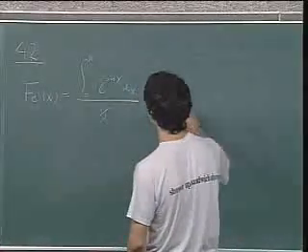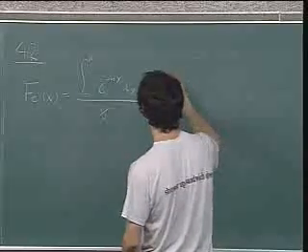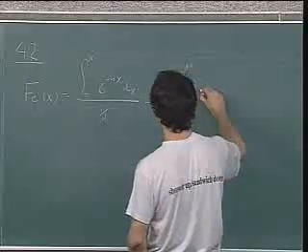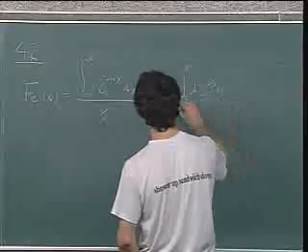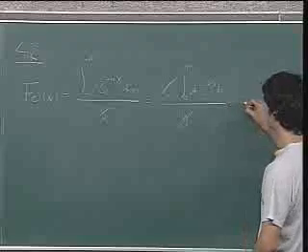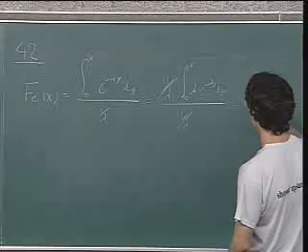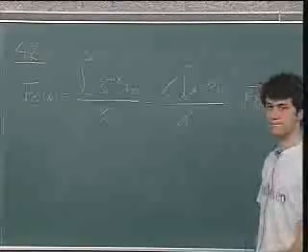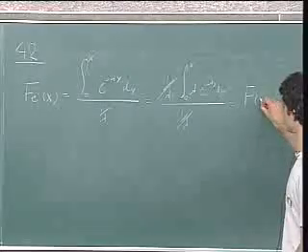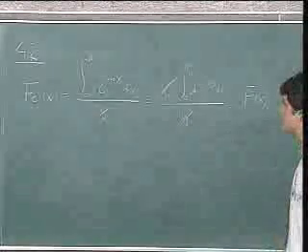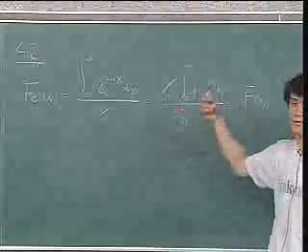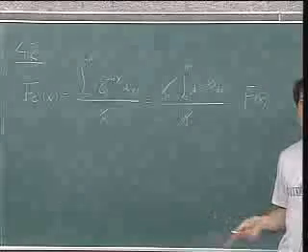If we do this integral, we multiply and divide by lambda, and what is this? This is just F of x, because here we're just integrating the density of an exponential from 0 to x. So we get the probability that that random variable is less than or equal to x.